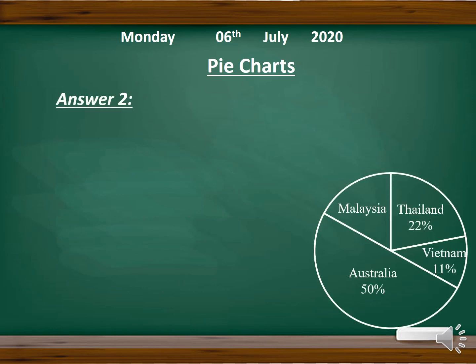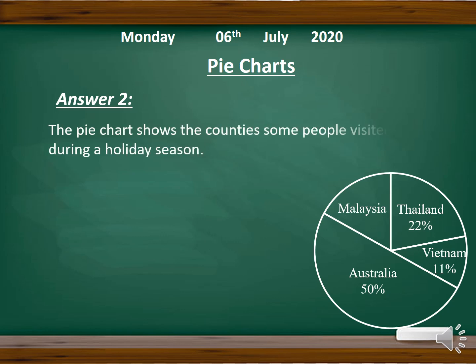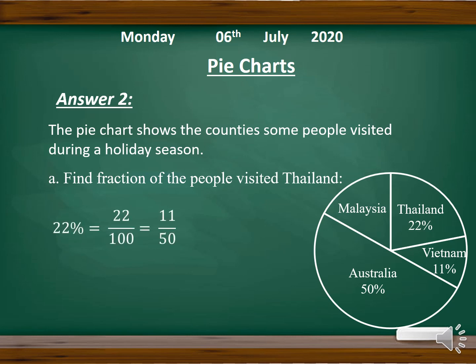Look at the answer or solution number 2. The pie chart here shows the countries some people visited during a holiday season. And we find letter A, the fraction of the people who visit Thailand. You look at the pie chart, you see Thailand has 22%. So to find the fraction of the people who visited Thailand, we see 22% here and convert or write it as a fraction.